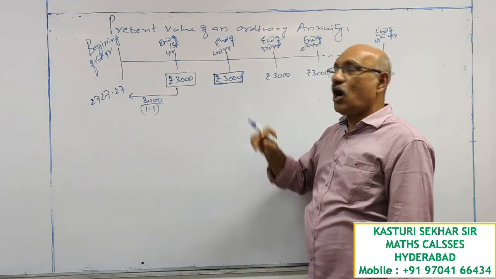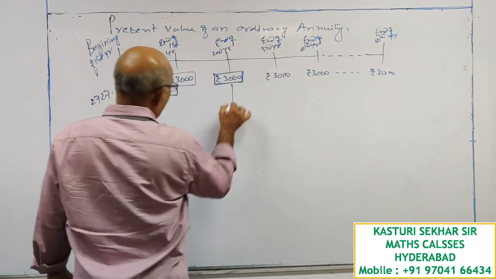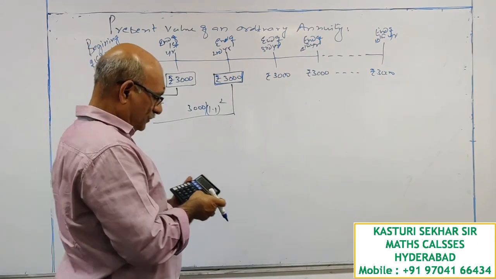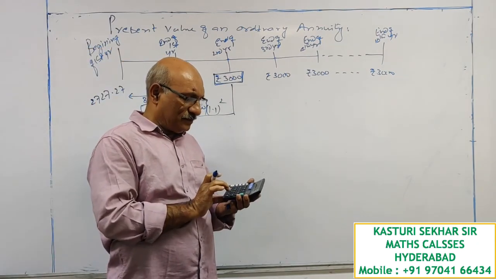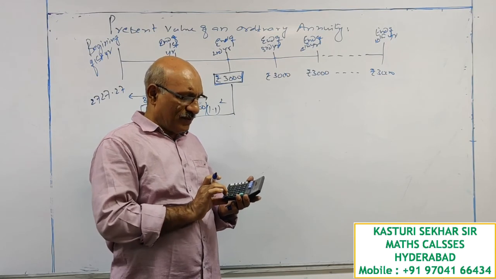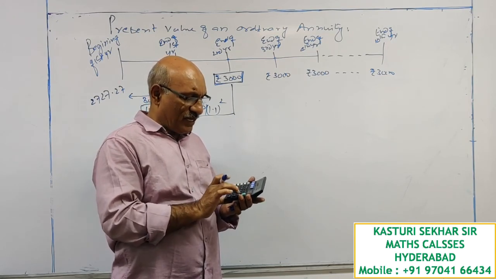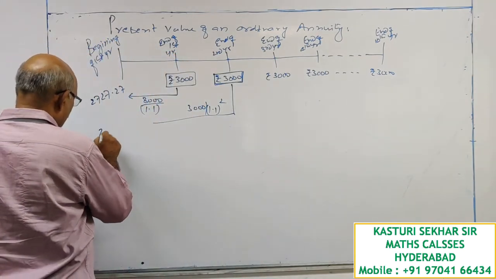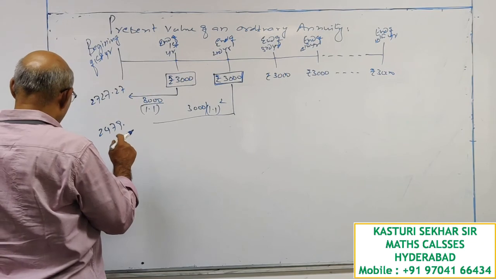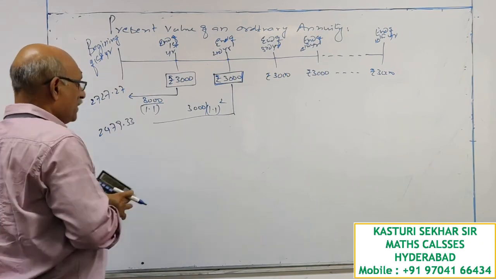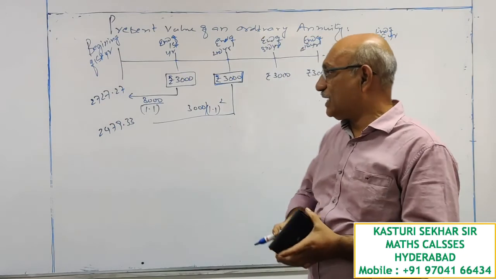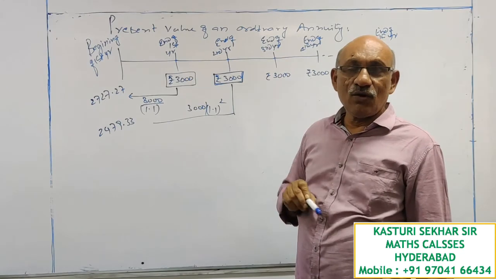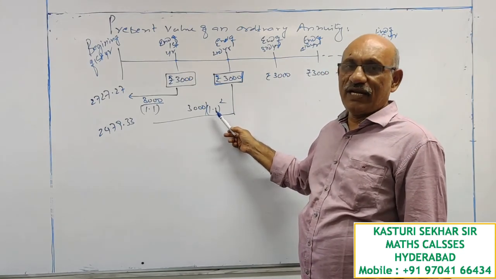This is 3000 divided by 1.1 whole square, which is 2479.33. If I deposit 2479.33, then this will become 3000 after 2 years when the rate of interest is 10%.